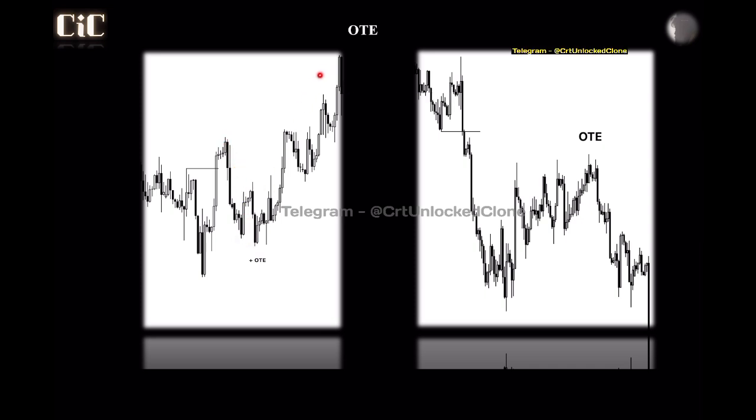and then it rallies. Right, so the OTE in basic terms is the pullback used by the market makers to scare away people who are on the right side of the market, but they're not familiar with how the market moves. And it must have happened to you. At least all of us have suffered and experienced this at least once.